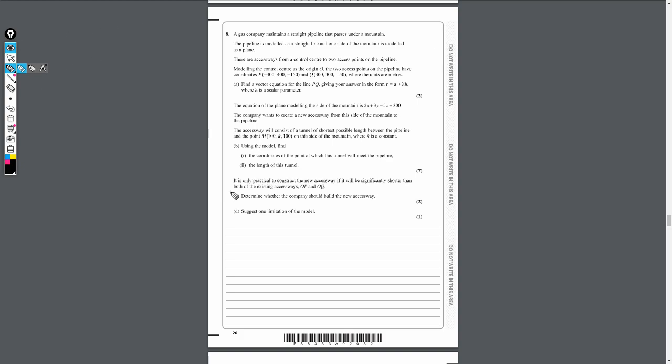Well, we know the equation of the plane is 2x plus 3y minus 5z is equal to 300. So we've got this point here, M 100, k, 100, but if we sub this into this equation of the plane, we can work out a value for k, right? So that's going to be 2 lots of 100, plus 3 lots of k, we don't know what k is yet, and then minus 5 lots of 100, so minus 500.